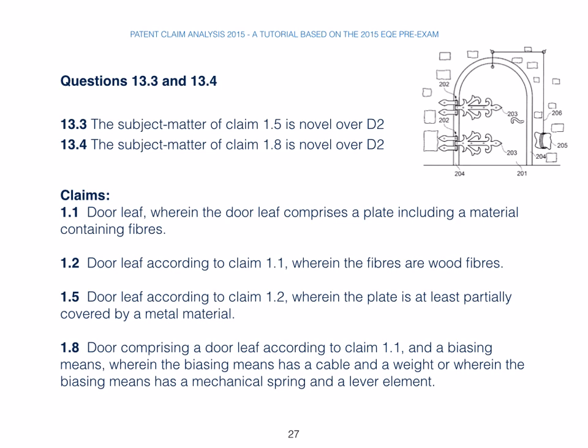So for 13.4, you need to know if D2's plate includes fibers and whether it has a biasing means as defined in 1.8. Once you've made up your mind, we'll turn to the examiner's answers for questions 13.